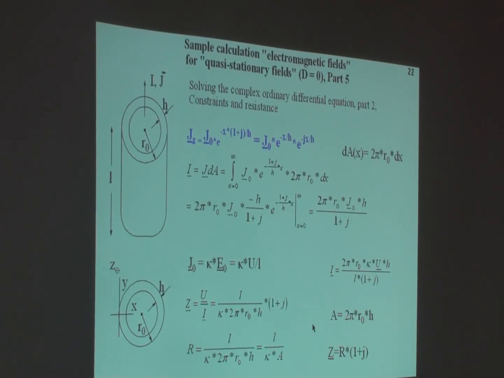How to get this value of the impedance Z? For the impedance Z, you calculate the current, and the current is the integral of the current density over x.